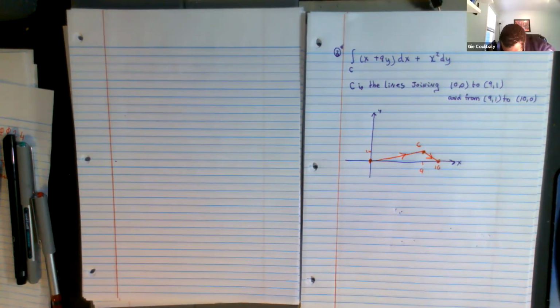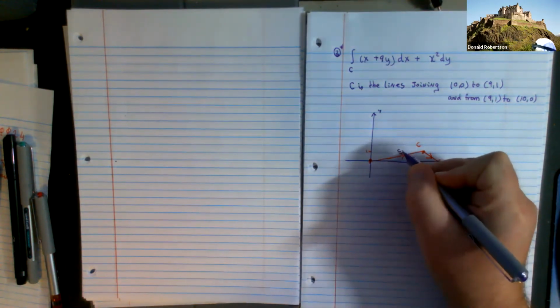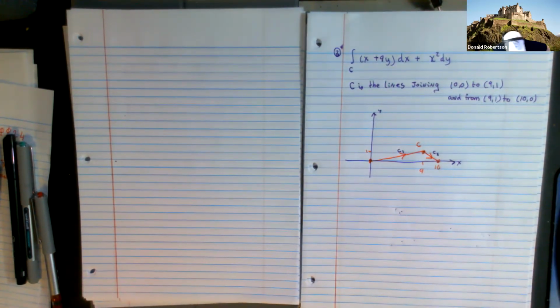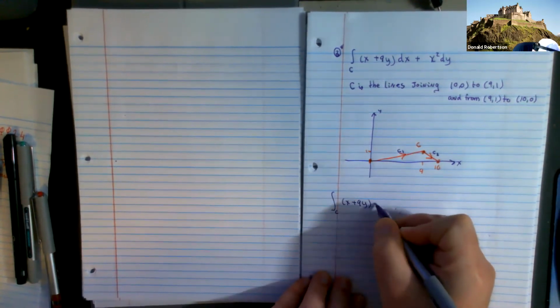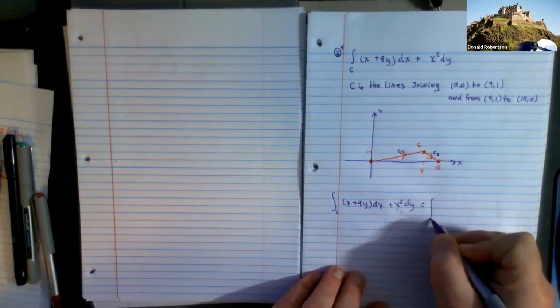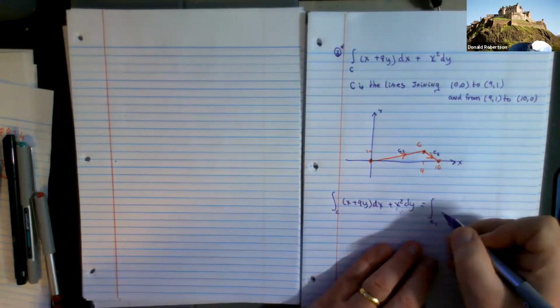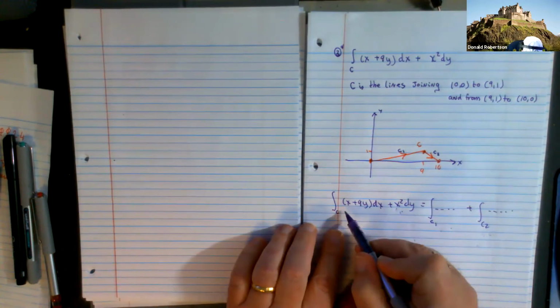Now, in this particular question, we need to actually split it into 2 pieces. And this line I'll call C1, and this line I'm going to call C2. And so to get this line integral, I'm going to do C1 of all of that stuff plus C2 of all of that stuff.